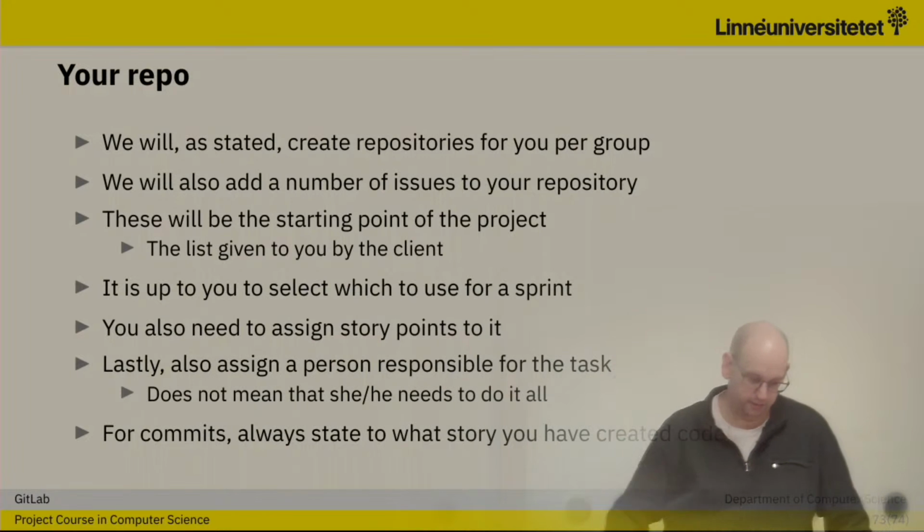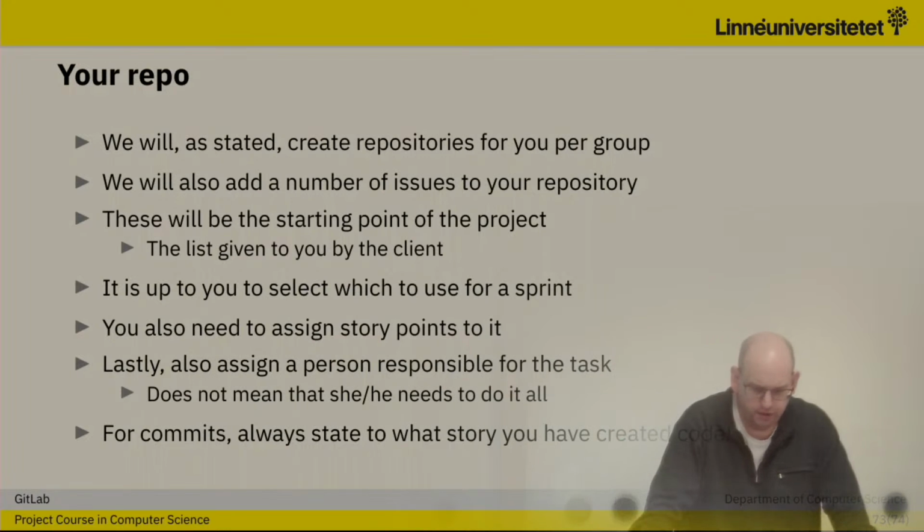As I said, we create the repositories per group. So when we have you in groups and we have all your usernames, we will create these repositories for each group, and we will probably name them something like group or team 1, team 2, team 3, and so on. And that will be the starting point of your project.